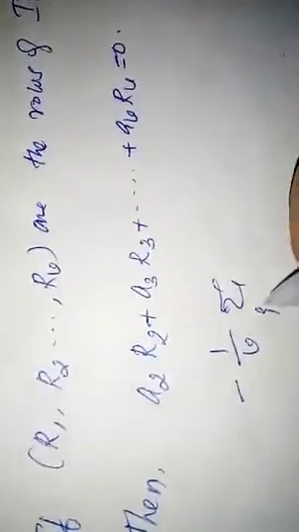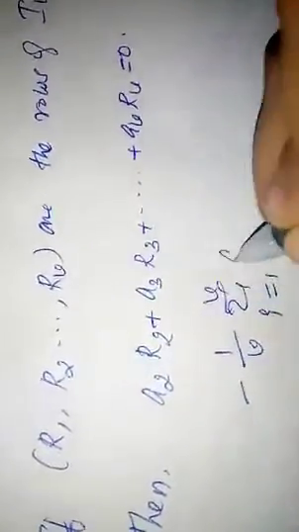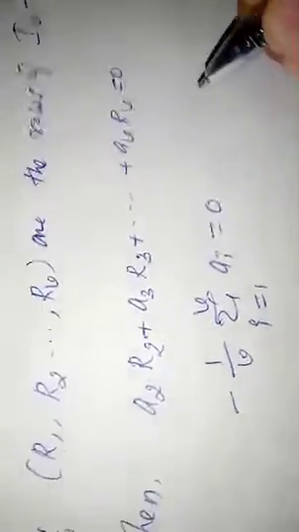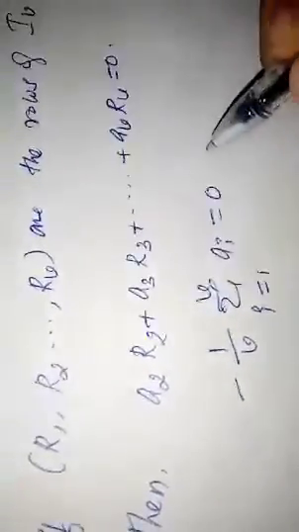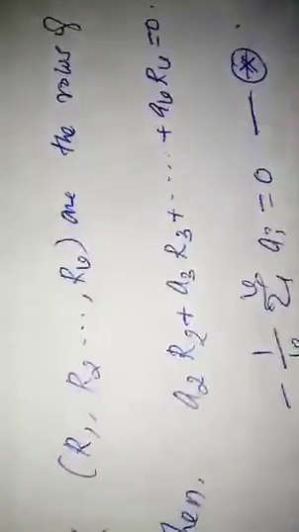The first column gives minus 1 by v summation i from 1 to v ai equal to 0. This is the star equation. Here it is the column total, that is, minus 1 by v summation i from 1 to v ai equal to 0.